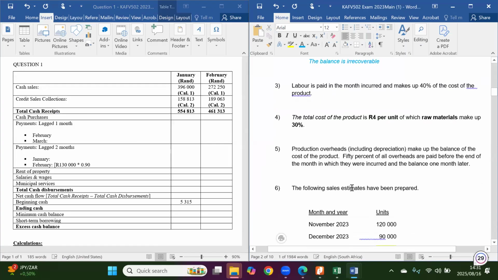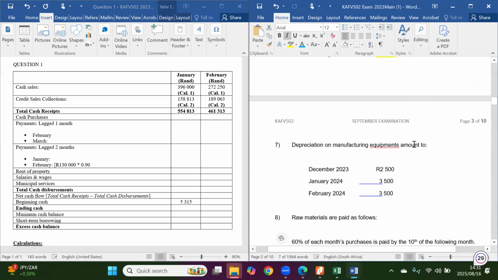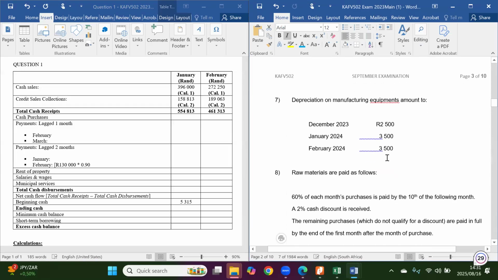So now we were given already the number of units that were sold. Obviously, if they were sold, then we also consider the same units for the raw materials bought. But now here is the catch in information number 8, which is very important. In information 8, they give us something to do with the raw materials, how it is paid.